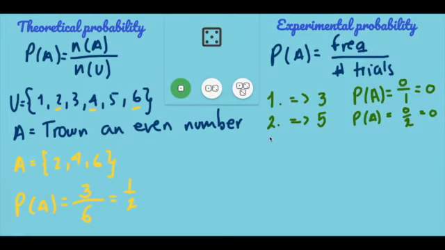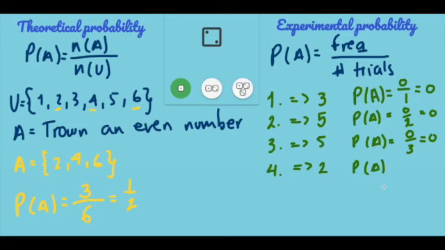Our outcome is 5 again. So the third time that we throw the dice it is 5. The probability of having an even number is 0 over 3, again because we throw the dice 3 times. One more time. In the fourth time that we roll the dice, we get a 2.